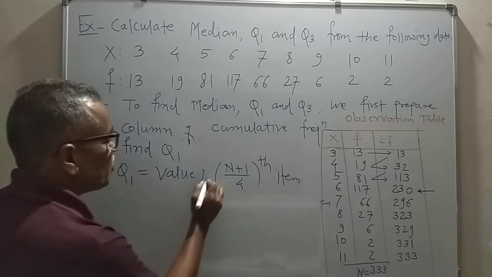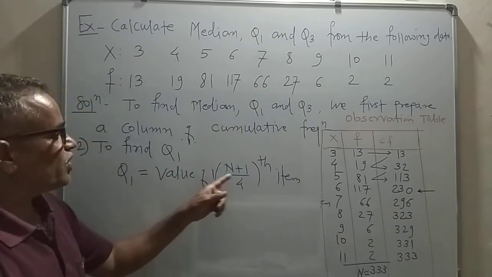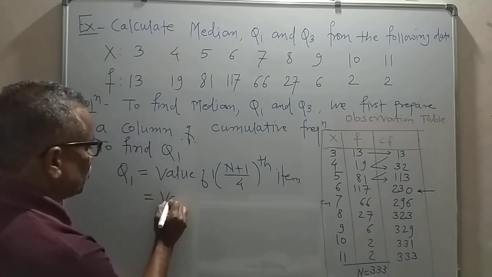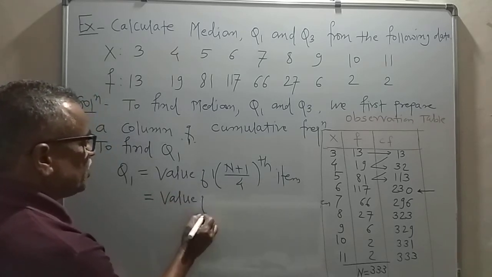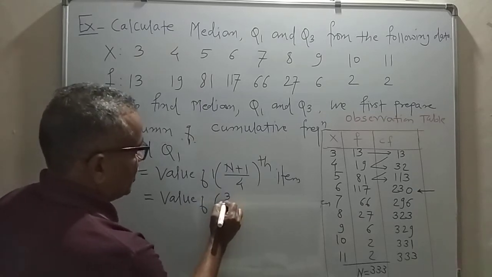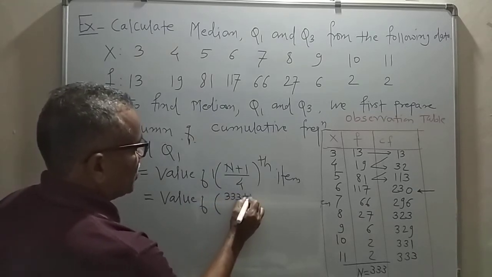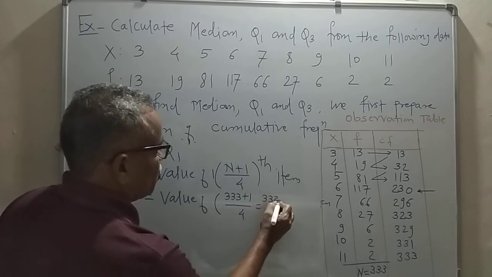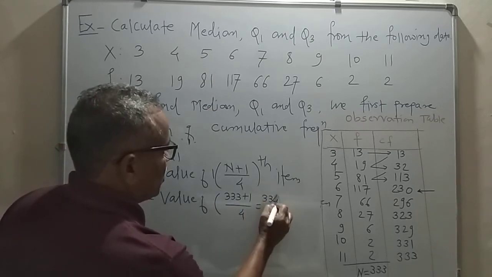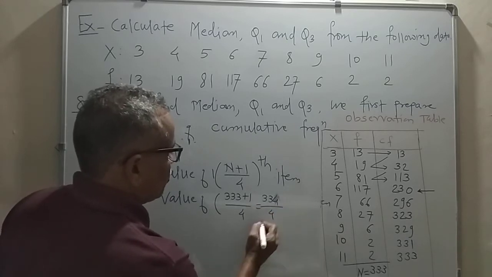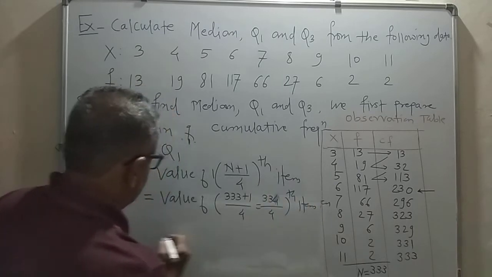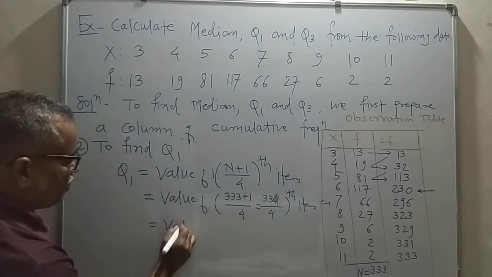So 1 into (n plus 1) divided by 4 th item. Substitute capital N: value of 333 plus 1 divided by 4 is equal to 334 divided by 4 th item.